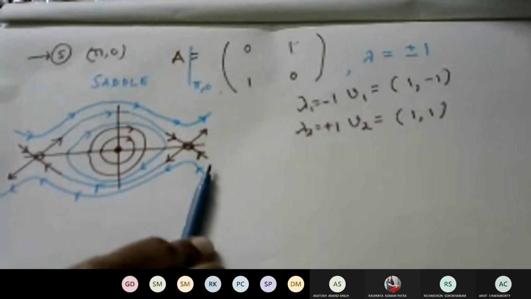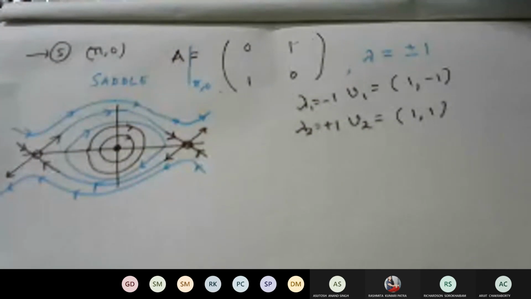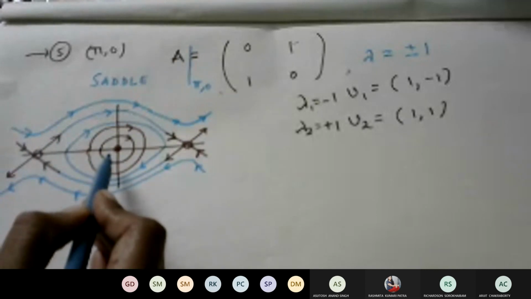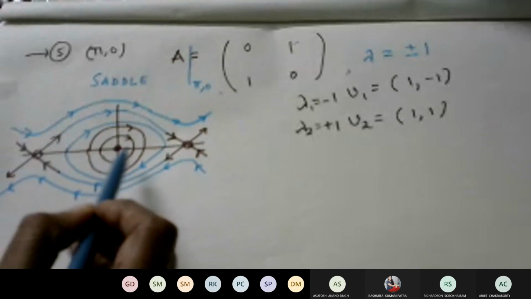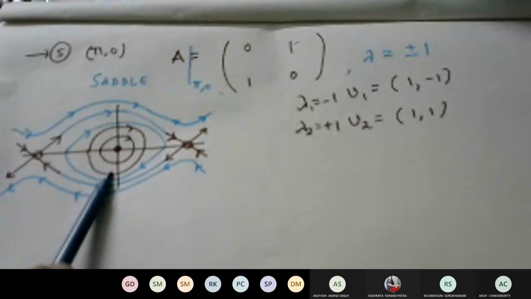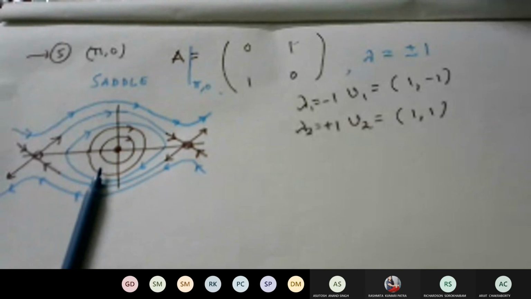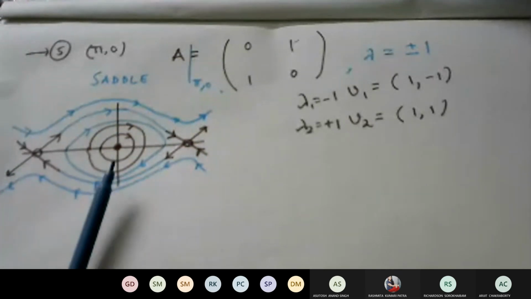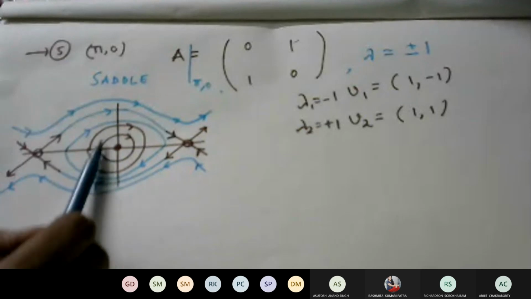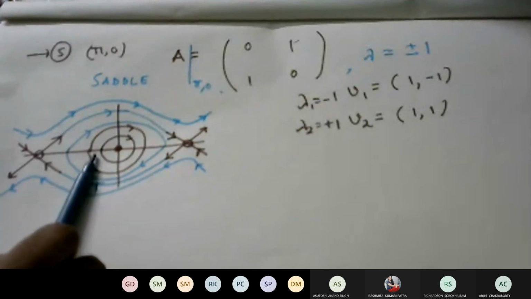Let me explain one by one what each step means here. This is the neutrally stable center, and for small energy values, if the energy of the system is small, that is our older approximation, we have these nice and beautiful circles.